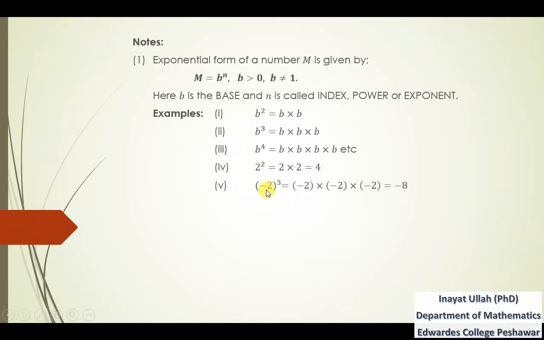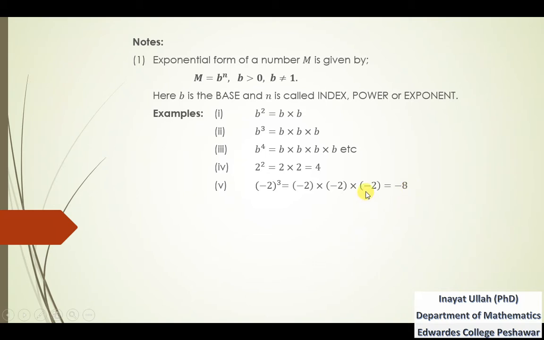Similarly, we have taken a negative number here, minus 2 power 3. It means that minus 2 is multiplied 3 times. 2 2s are 4, 4 2s are 8, so that is 8.